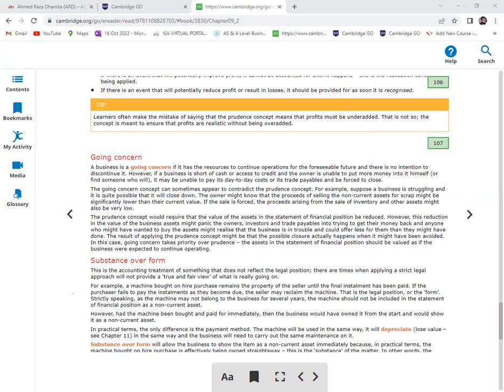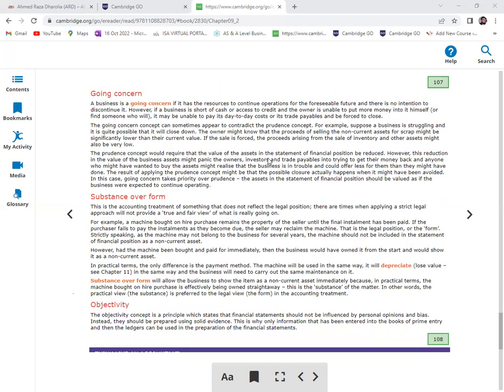The situation of the business is worse, meaning this business is going to be closed down in the foreseeable future, in the next 12 months. Foreseeable future means the next 12 months. If that is the case, we can say this business is not a going concern. Not a going concern means this business is about to be closed within the next 12 months, within the foreseeable future.